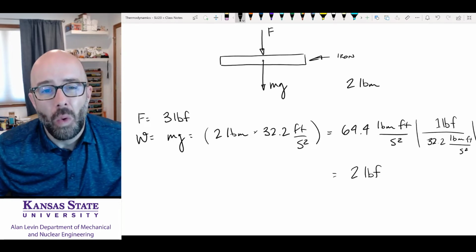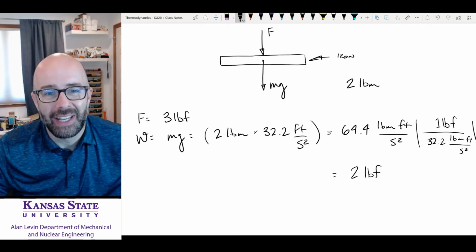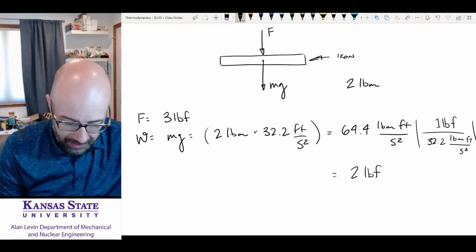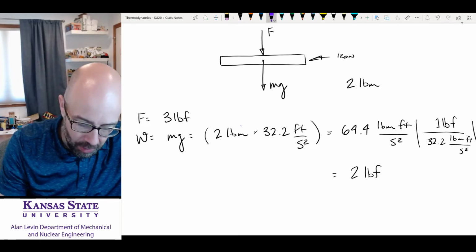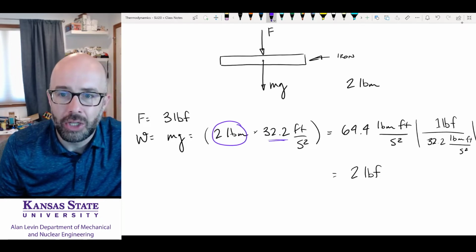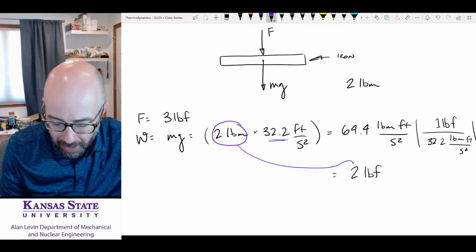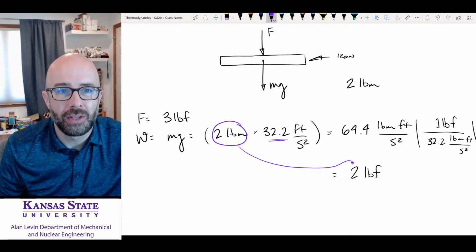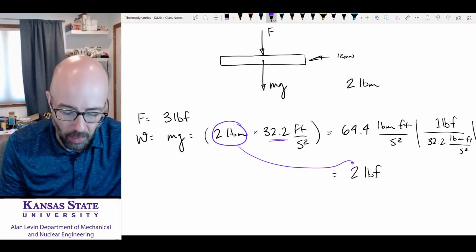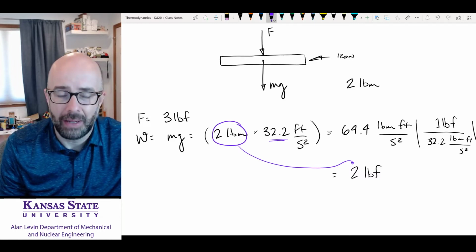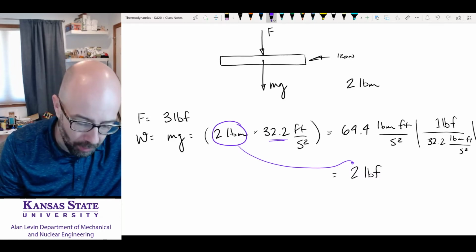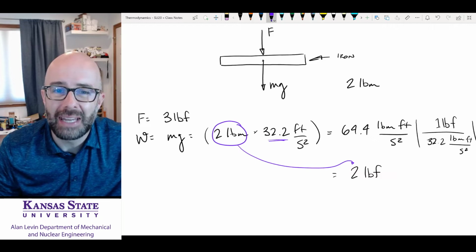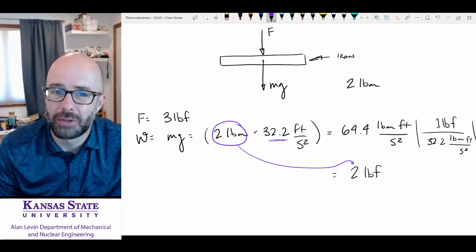What I want you to understand here is that, yes, in this case, 2 pounds mass being accelerated by 32.2 is going to be equal to 2 pounds force. But sometimes students just look at this and say pounds mass and pounds force are the same thing, so they'll multiply 2 times 32.2 and not do the conversion to get back into pounds force.